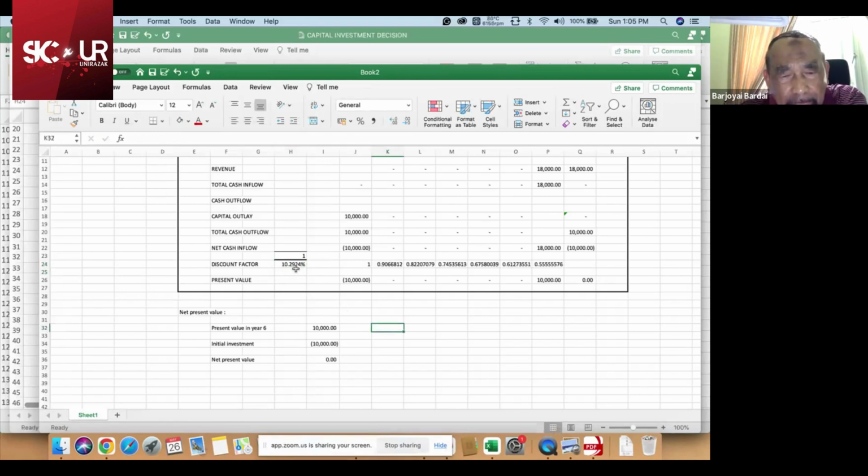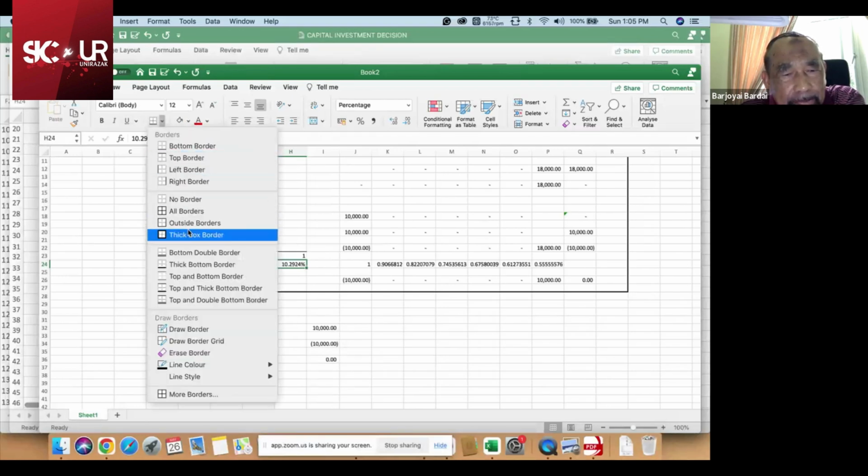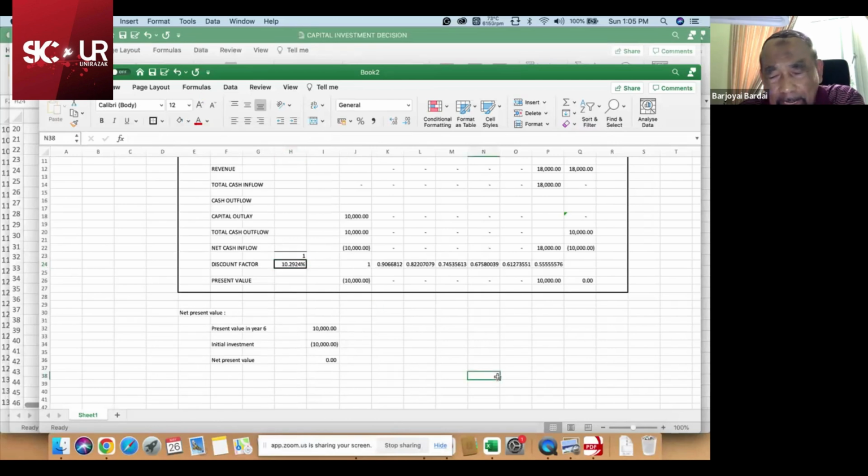So if we want to know the yield of the bond, the yield is that. So this is how you evaluate a zero coupon bond.